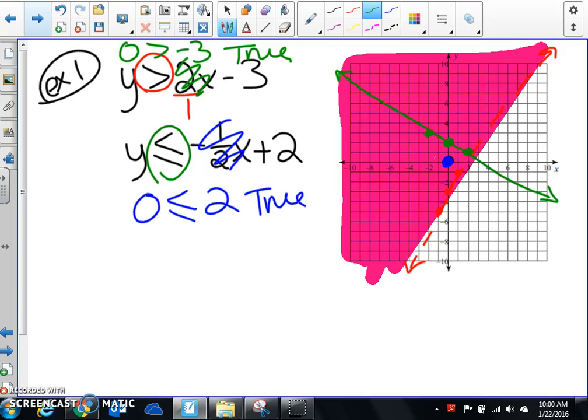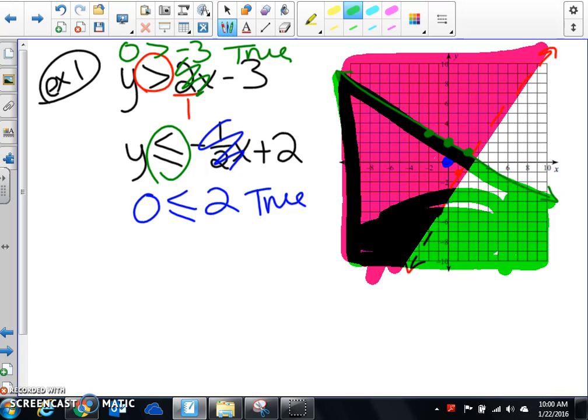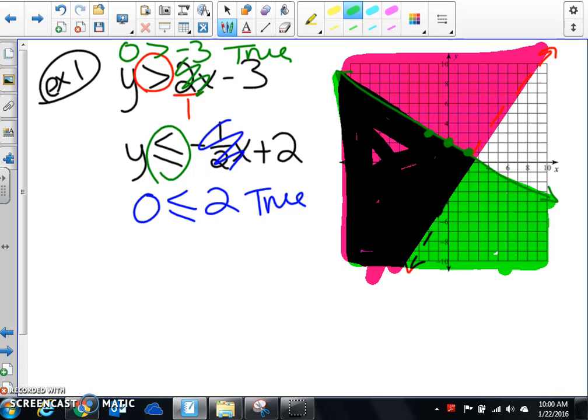So I grab my green highlighter and I shade everything below, because that includes the origin. You want to make sure you get everything in there. Now, when I ask you, what is your solution?